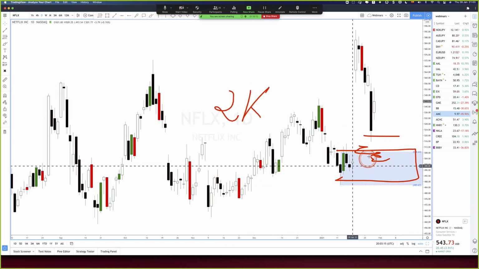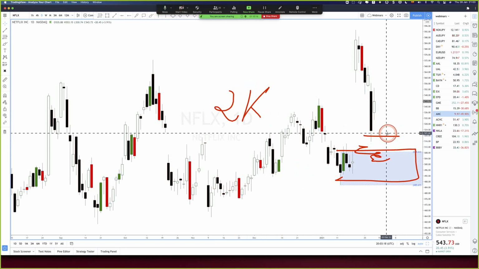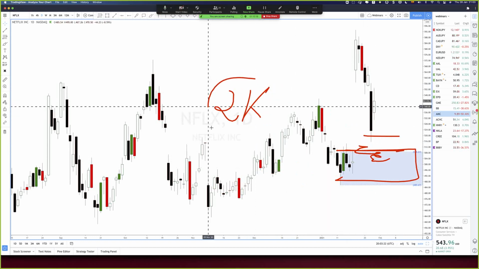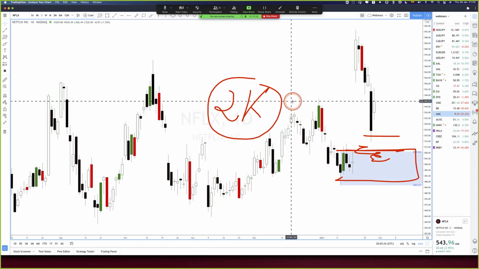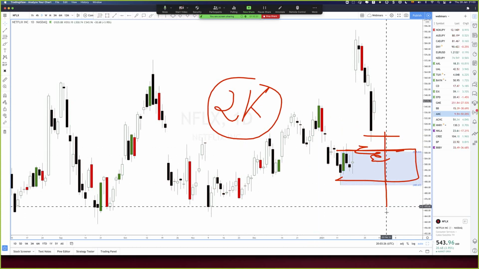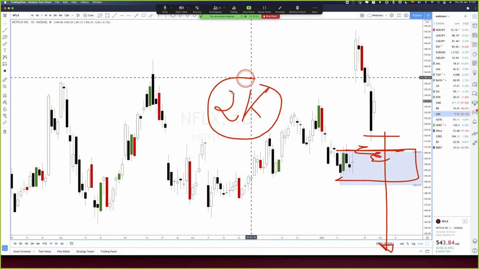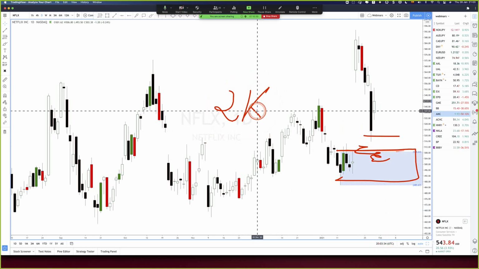$2,000 for that trade. So as long as price doesn't hit the strike price, you're going to keep those $2,000 on your account. But if it starts dropping without protection, you're going to lose a lot of money, more than $2,000. So that's very risky.